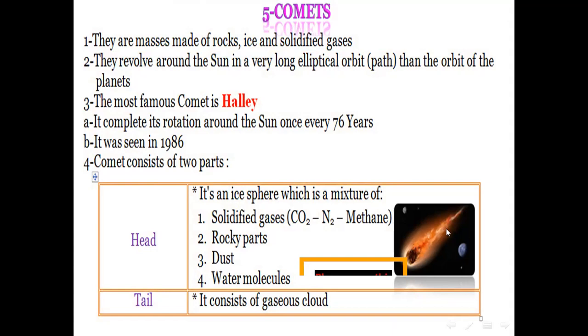It makes a tail of fire behind it. As I told you, they revolve around the sun in a fixed or elliptical orbit like the planets.